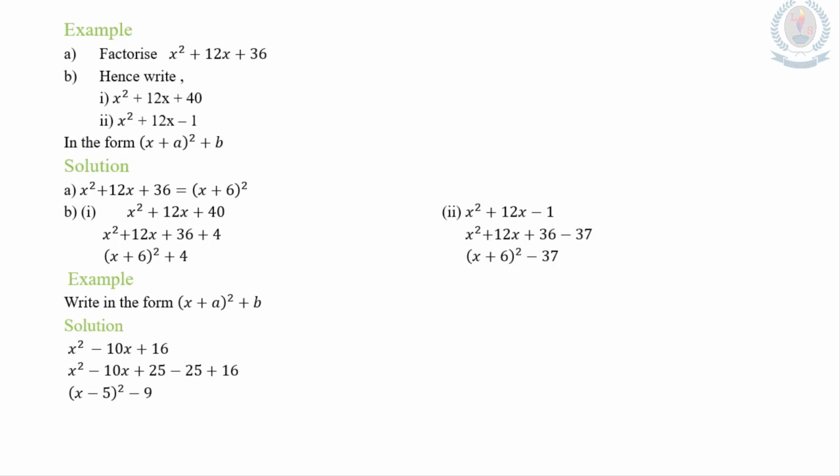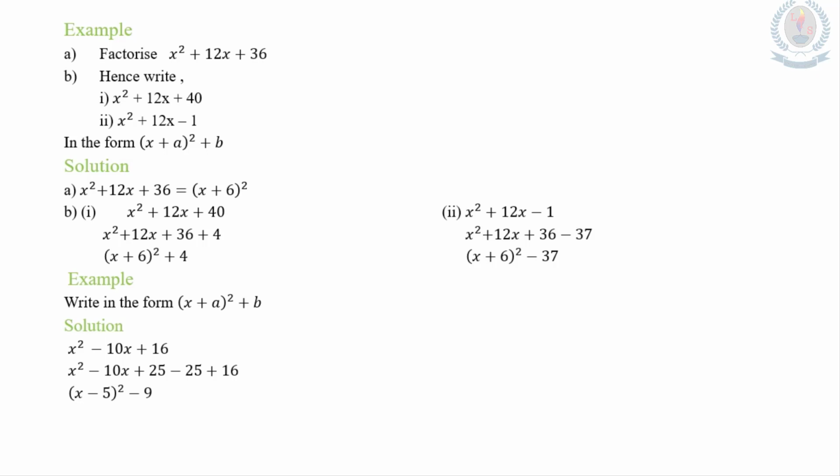Check first solution. Part A, x squared plus 12x plus 36. By factorizing, you can write the solution x plus 6 squared. Here answers are x plus 6, again x plus 6. So you can write it as x plus 6 squared.